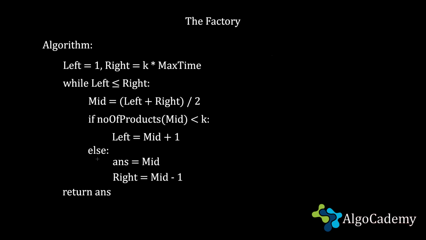So each time I have found a solution, which is a valid amount of time, which is mid, I can directly assign mid to answer. I don't need to do answer equals the minimum between answer and middle, because middle will always be less than the value of answer. So answer equals middle, and then I continue the search for maybe a better solution.